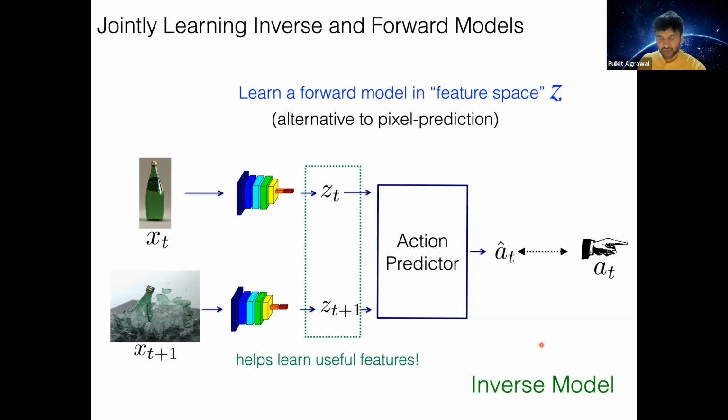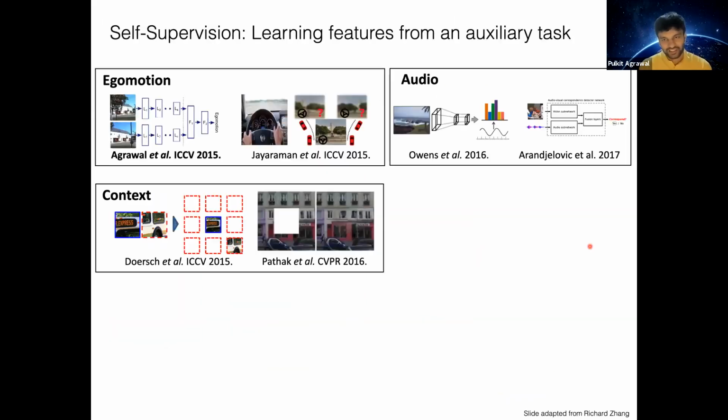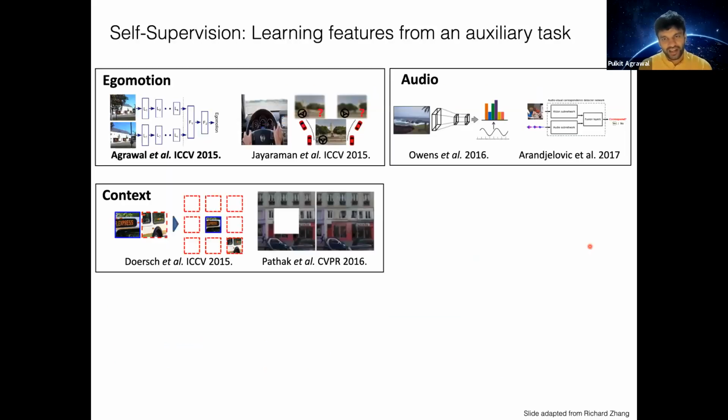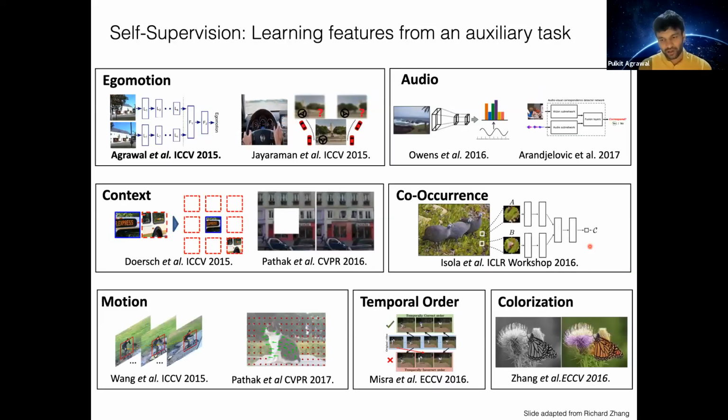The other set of ideas is that if I were to learn a forward model, I don't need to do pixel prediction. I can leverage other tasks to learn a good feature representation. For example, a task could be to predict the action, or it could be any of these tasks that I briefly mentioned over here. Like I could predict the audio, I could try to predict the color image from the black and white image, and so on and so forth.